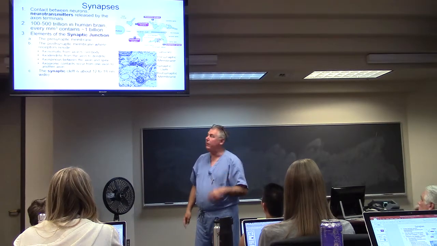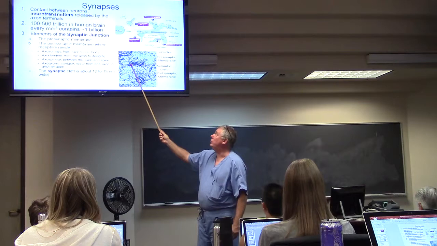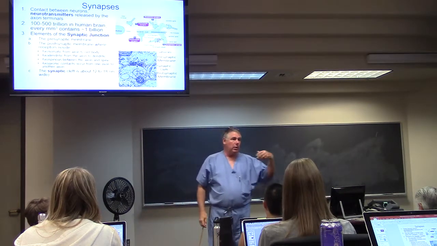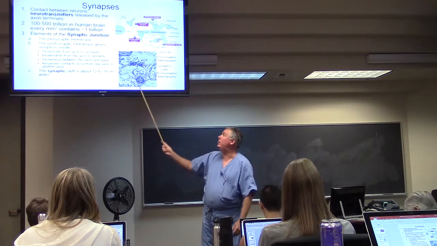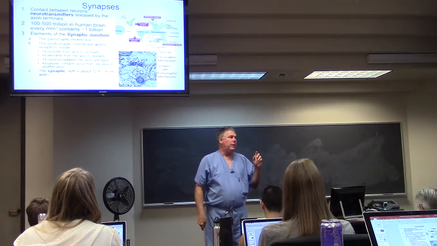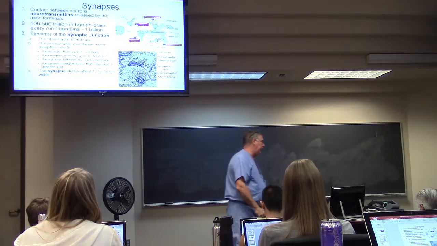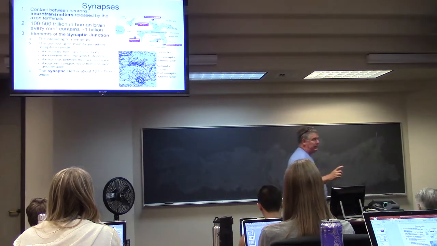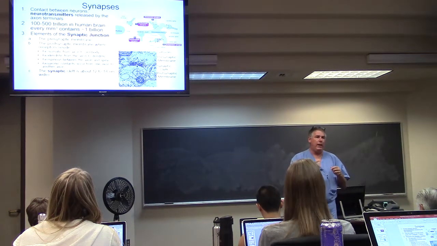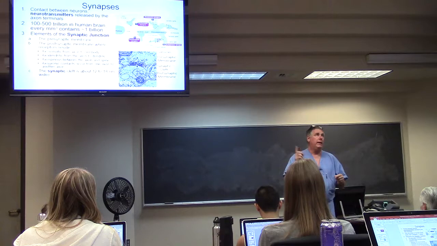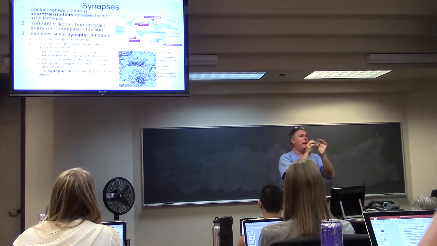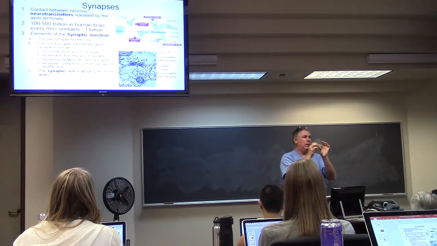During synaptic transmission, these vesicles will dock with the membrane here, and the contents of the vesicles will dump into the synaptic cleft. If you look at the number of synapses in the central nervous system, and try to imagine how complex it is, it says right there, every cubic millimeter contains 1 billion synapses.